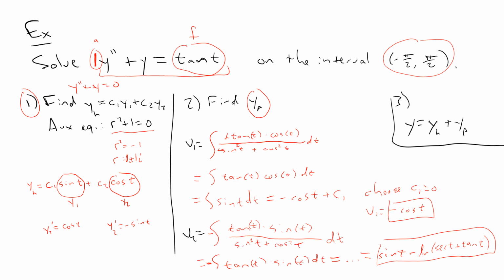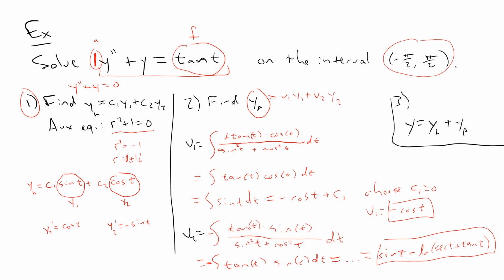So after doing all that work, we found yp is going to be v1 y1 plus v2 y2, where v1 and v2 are the two pieces we got from these two integrals. y1 and y2 were what we found in that first step.